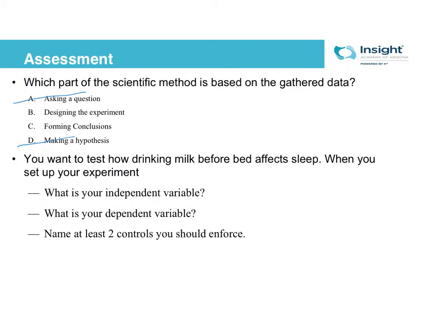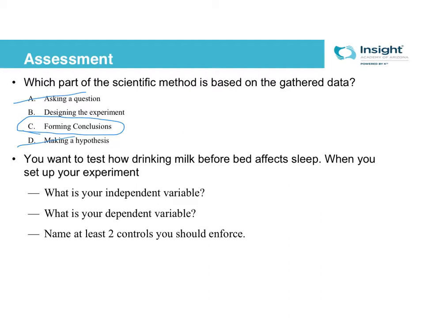The point of the experiment is to collect the data, and that's exactly what we're doing. We're collecting it. Whereas conclusions can only be done after you've gathered the data. So really C is the only one that occurs after data is already collected. So that's why C is the right answer there.